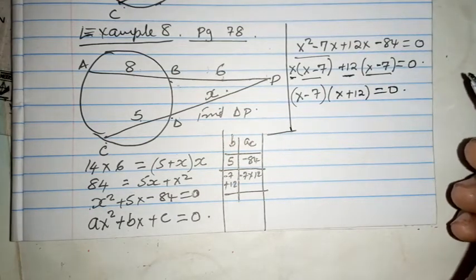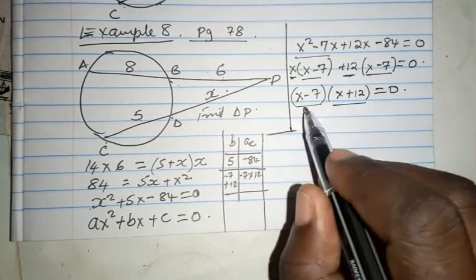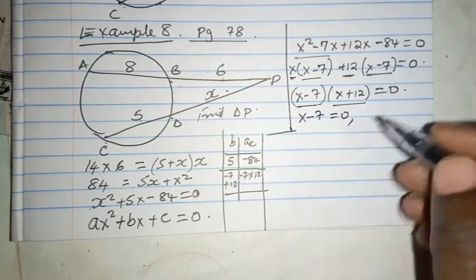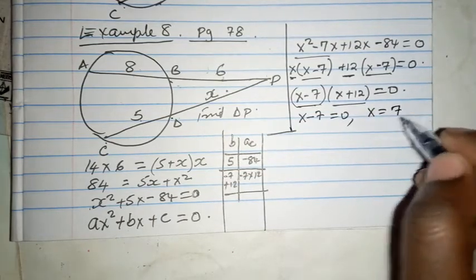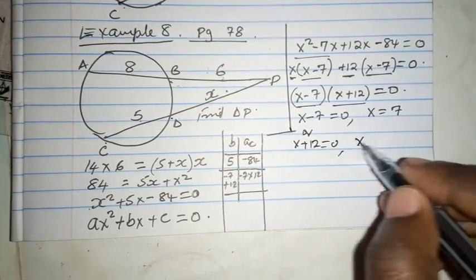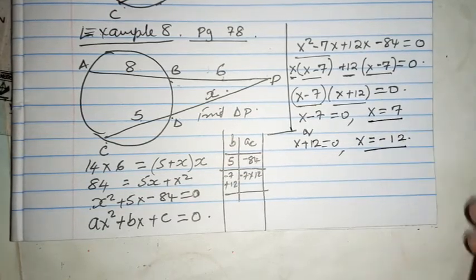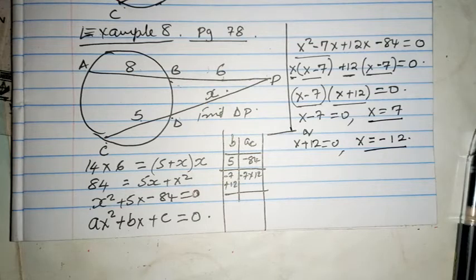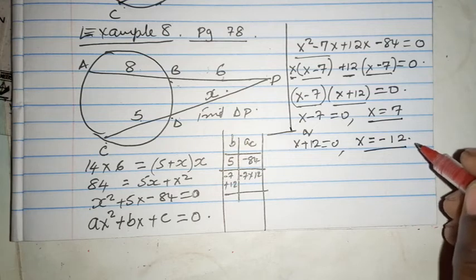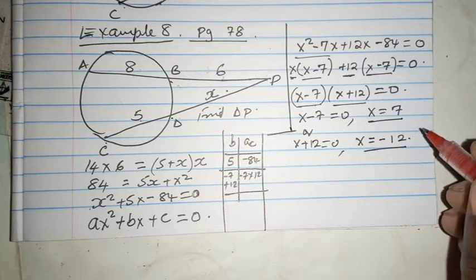We have said many times that if two terms multiplied together give 0, then one of them is 0. x minus 7 could be 0, and if this is true, x is equal to 7. Or x plus 12 could be 0, and if this is true, x is equal to minus 12. But look, we are talking about a circle, something practical: the length of a chord.